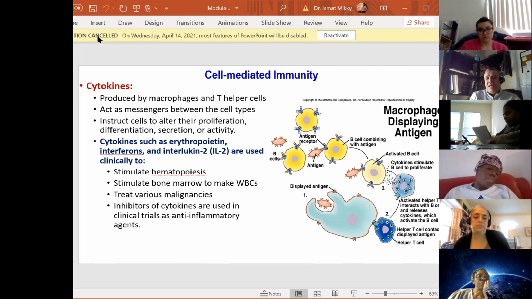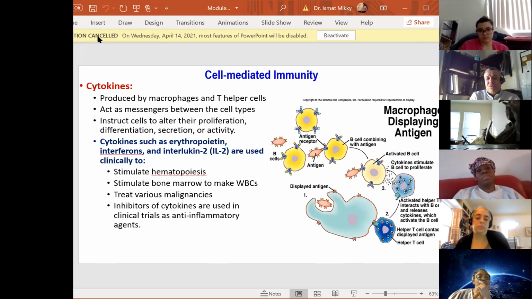So some of these cytokines will stimulate hematopoiesis. An example of this would be patients with renal failure. One of the kidneys' main functions is to produce or activate erythropoietin.